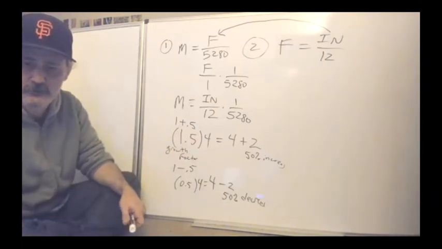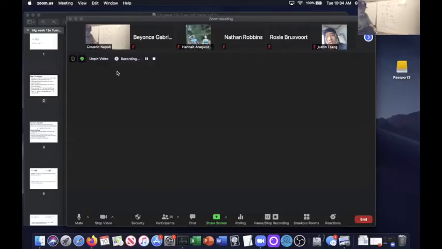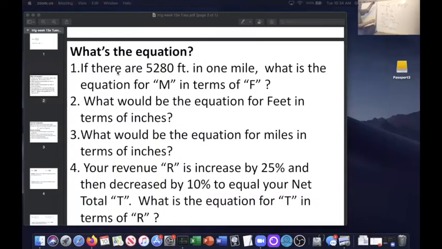So in that problem, we have two things going on. We have the original revenue, and then we have two sequences of growth. One is an increase, one's a decrease. So if we take our R, we want to increase by 25%, and then we want to decrease by 10%.